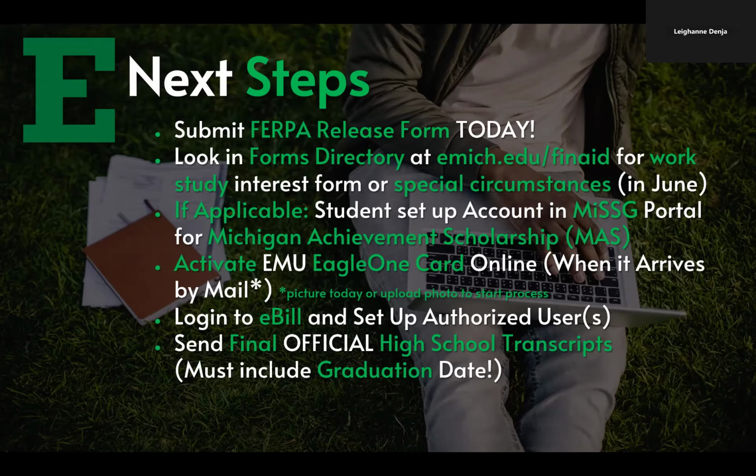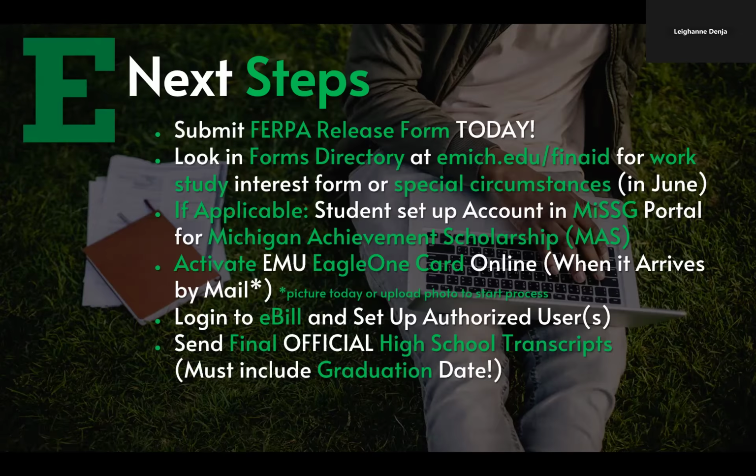This form typically becomes available in June. It's actually available now, but that's something that you could fill out, and we could do a redetermination of your aid. It does require a lot of documentation, and it's really important that you submit all of that. But a student can look for that form on our website, and part of the form will be providing an email address so that we can push out part of the form to your parent for them to upload their own information.